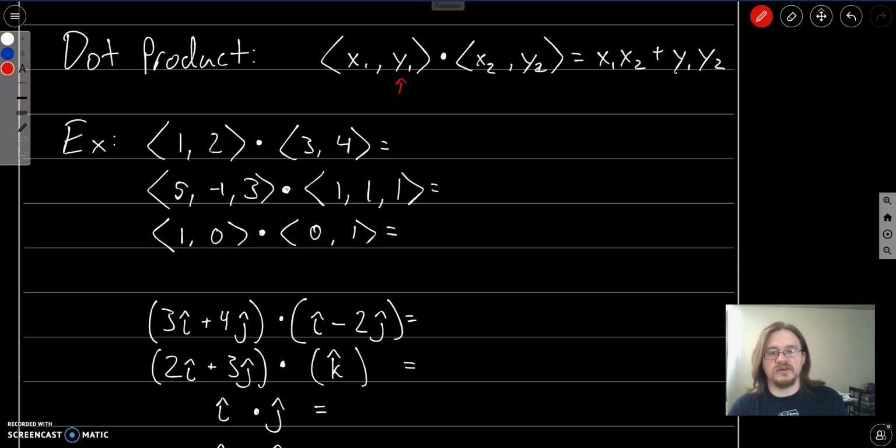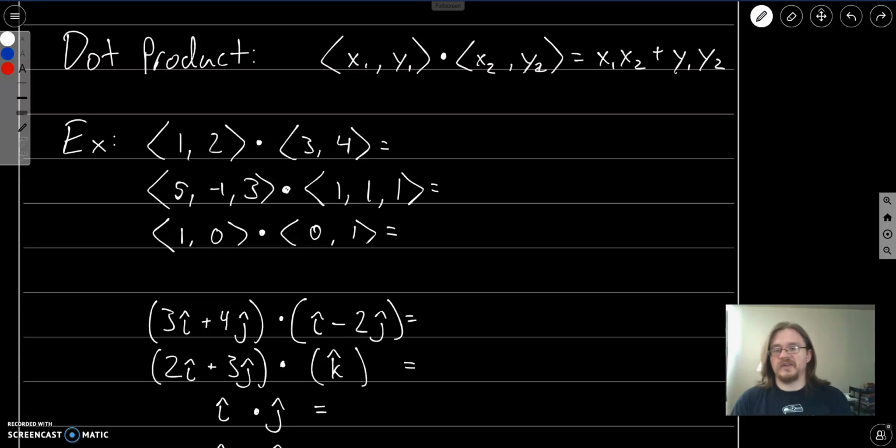We have the two y coordinates, y1 and y2, and we multiply them together to get y1 times y2. And then we add them. And that's it. x1 is a number, x2 is a number, we multiply and we get a number. y1 is a number, y2 is a number, we multiply and we get a number. A number plus a number is a number. The dot product gives a number.